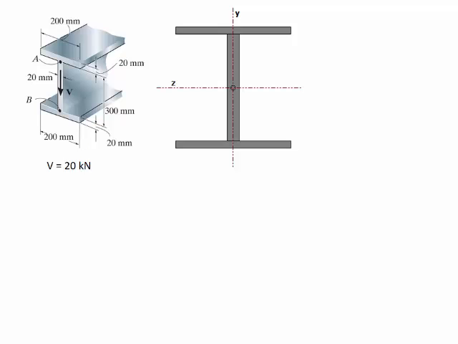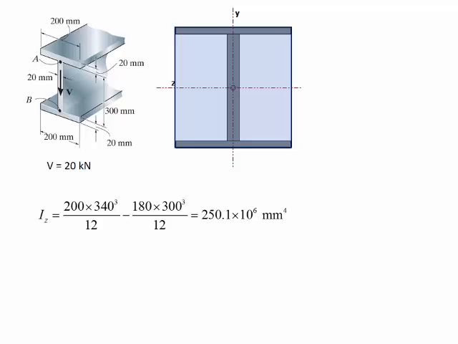Okay, the first thing to calculate the maximum shear stress at the neutral axis, what we are going to do is calculate the moment of inertia of the cross-section, because we need to apply the shear formula. And to calculate the moment of inertia with respect to the neutral axis, what we are going to do is calculate the moment of inertia of the rectangle outside the I section.